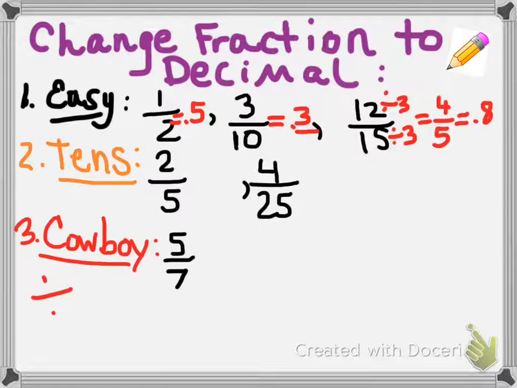All right, so the second way is using multiples of 10. So tens, hundreds, and thousands as your denominator. If you can easily change the denominator to something over 10, 100, or 1,000, those are the ones you know how to easily change in your head because of the place values. So if you look at 2/5, you can easily change that to a denominator of 10.